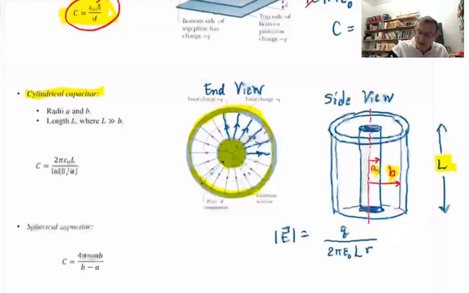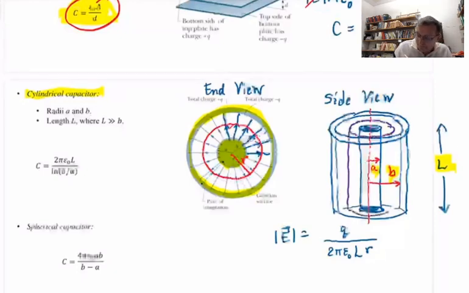And little r is the distance out to where the Gaussian surface is, which is shaped like a cylinder. Seen edge on, it's like that. R is its radius. Over here, it would look like this. It's got a radius r and a length L. Okay? That's what the electric field's like.